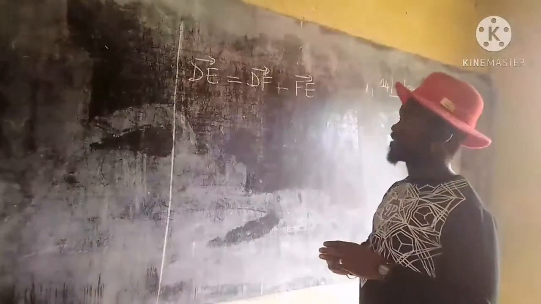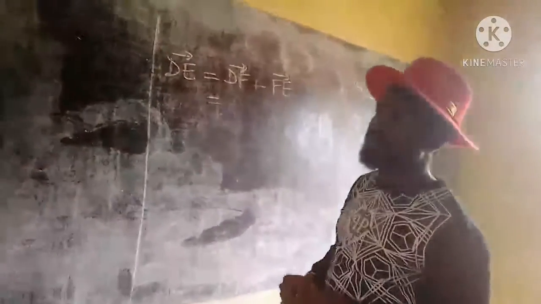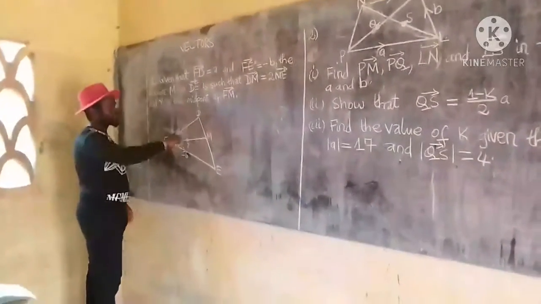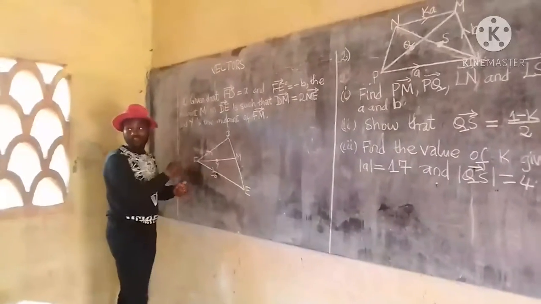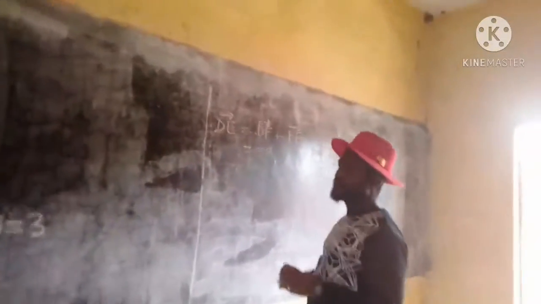That is the movement. But DF is exactly opposite to FD, right? It means that we have to change the sign of this letter. It's going to be negative a. What about FE?